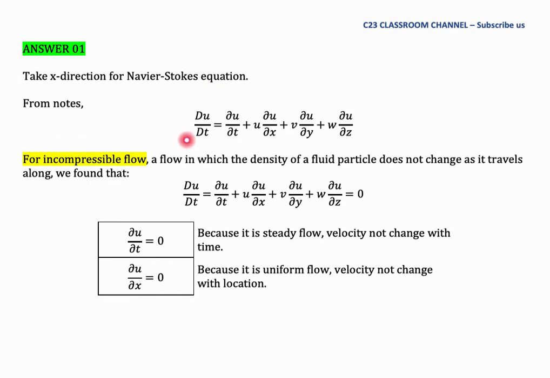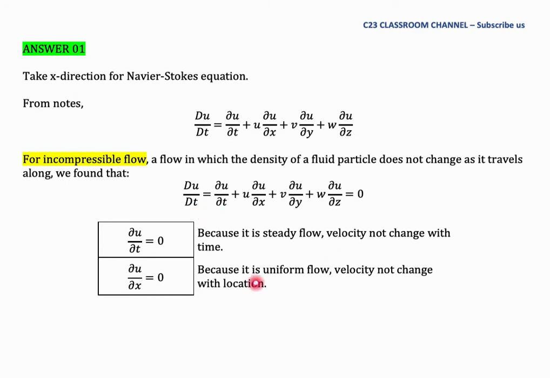From notes, we know that a part of the Navier-Stokes equation will have this term. For incompressible flow, a flow in which the density of a fluid particle does not change as it travels along, we found that du over dt is equal to 0.